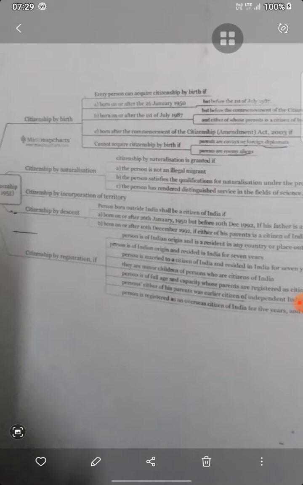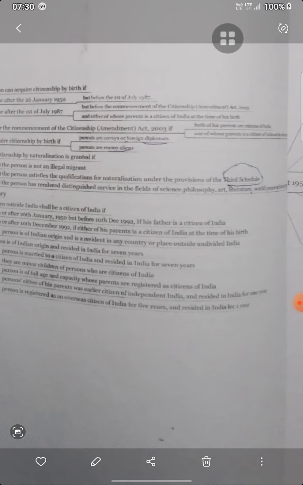And citizenship by registration: a person of Indian origin residing in any country outside undivided India, a person married to a citizen of India and resident in India for 7 years, minor children of persons who are citizens of India, and a person of full age and capacity who is a registered citizen of India. Also certain citizens of independent India who register as citizens of India after residence of 1 year.